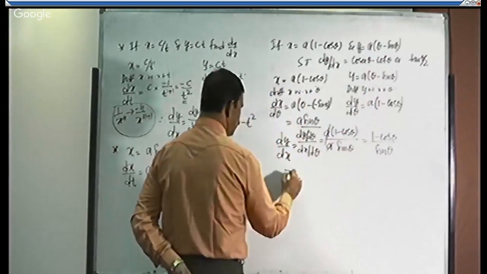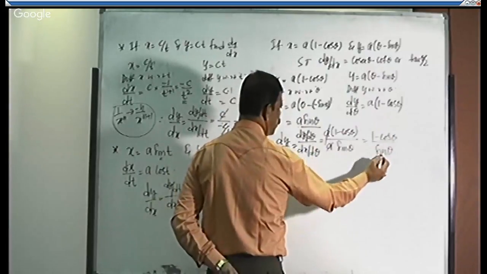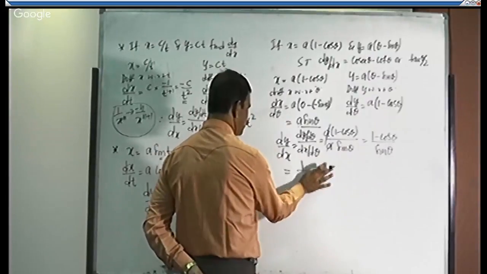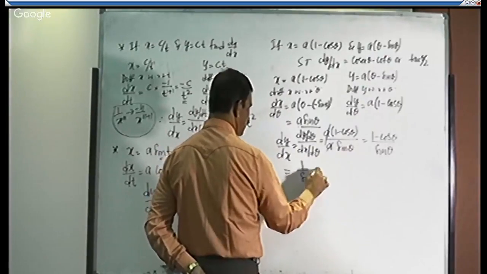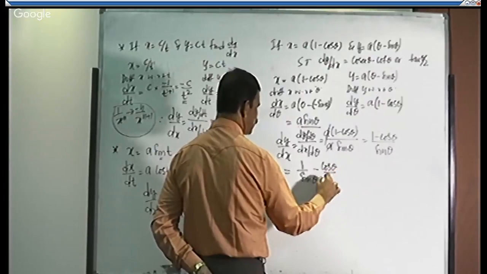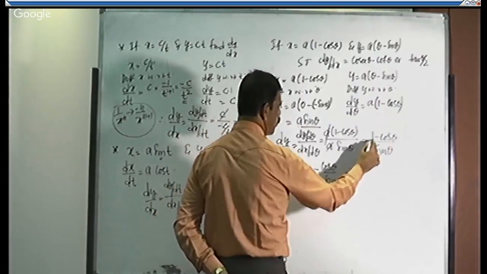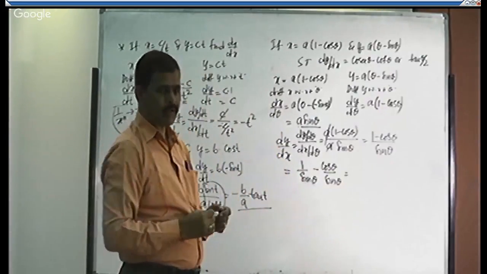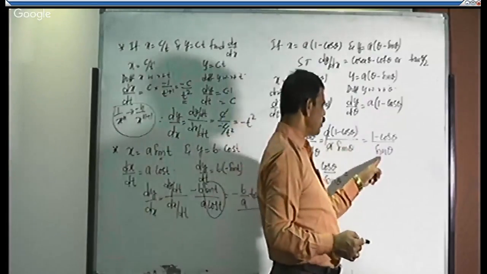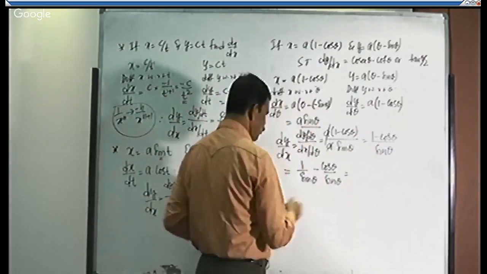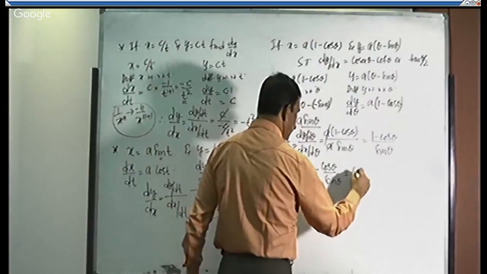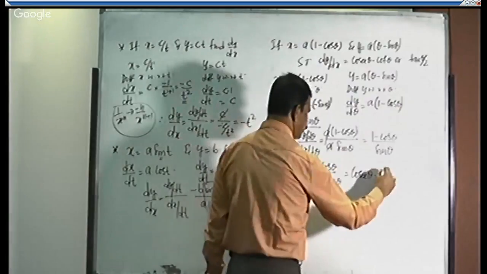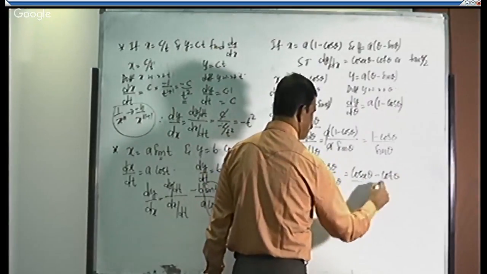See, 1 minus cos theta all divided by sin theta can be taken as 1 by sin theta minus cos theta by sin theta. When the numerator is a difference, each term of the numerator can be divided by the denominator. So it becomes 1 by sin theta, which is cosecant theta, minus cos theta by sin theta, which is cot theta. So we got the proof, right?